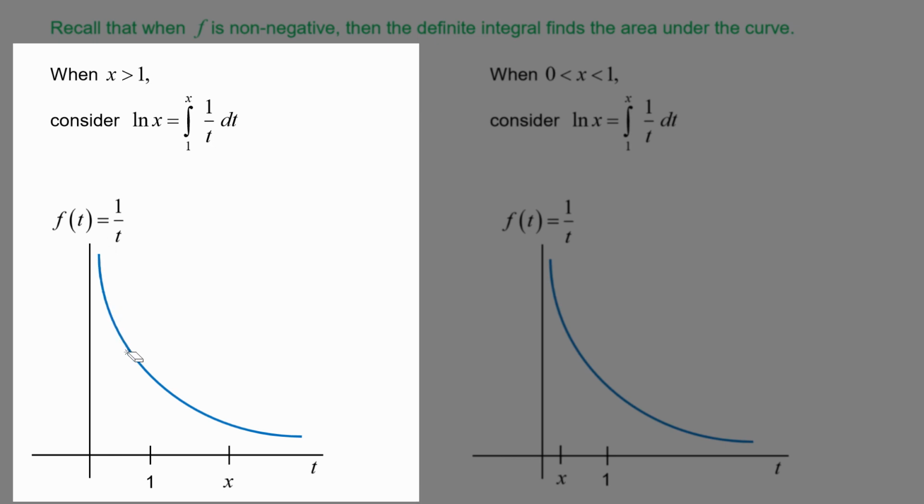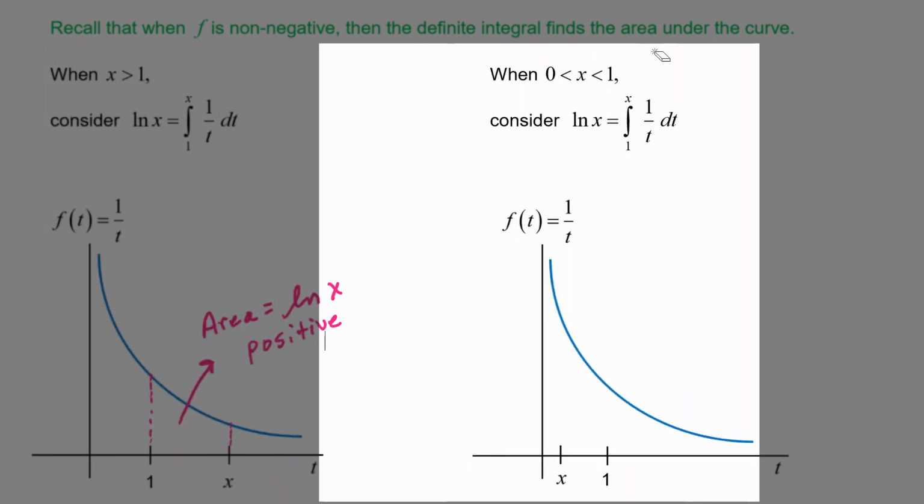So here's the graph of f of t equals 1 over t, and if we do the definite integral from 1 to x, then this area right here we know is going to be equal to the natural log of x, and that's going to be a positive number. It's above the x-axis, and we are integrating in the forward direction.